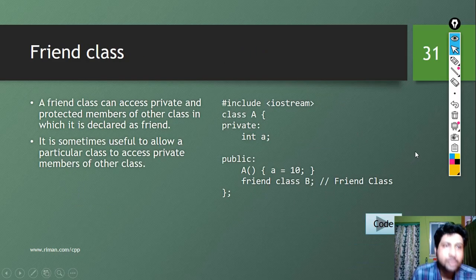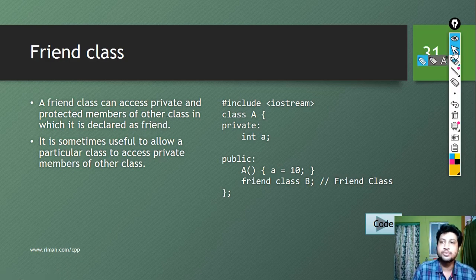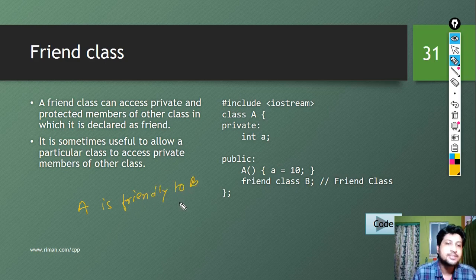So there is another concept called friend class. A class can be friendly to another class, but that doesn't mean the opposite is true. Suppose you have said A is friendly to B. That doesn't mean that B will become friendly to A. A is friendly to B means A can access the private members of B, but not vice versa.